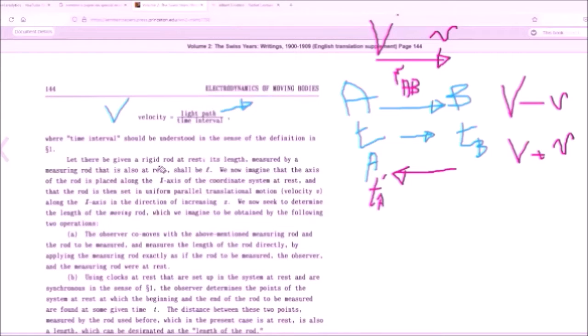Let there be a given rigid rod at rest. He is going to use that rigid rod to measure the distance.